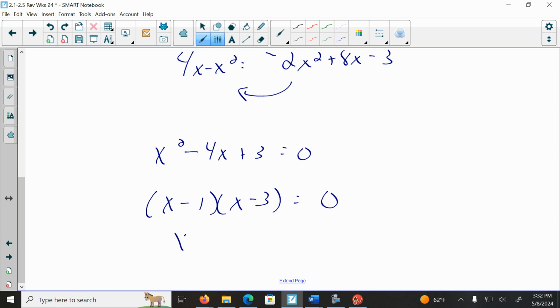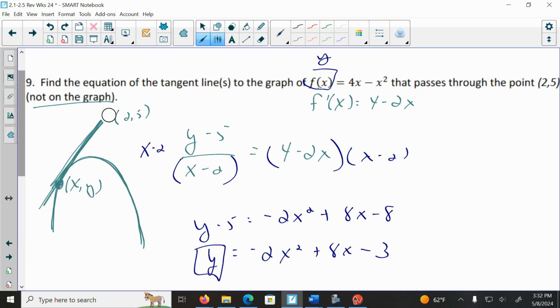So I'm going to get x is equal to 1, x is equal to 3. So this happens at (2, 5). This point here is going to be 1 something, and this point here is going to be 3 something, and both of those are going to be tangent lines with a graph that passes through that point (2, 5).